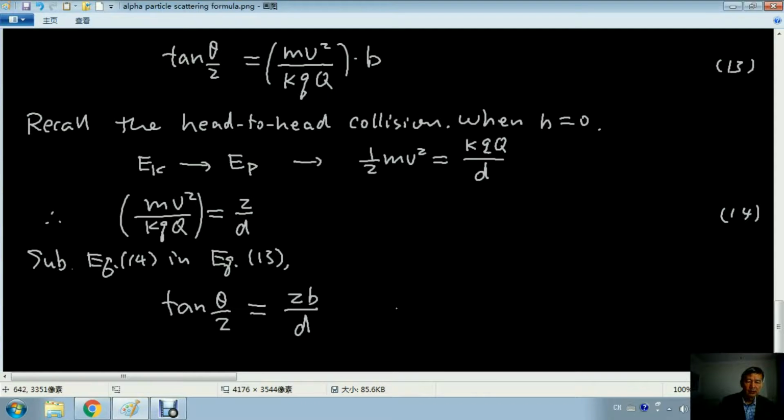So that would give theta equal to 2 times the inverse tangent function of 2b divided by d. So that is number 15.